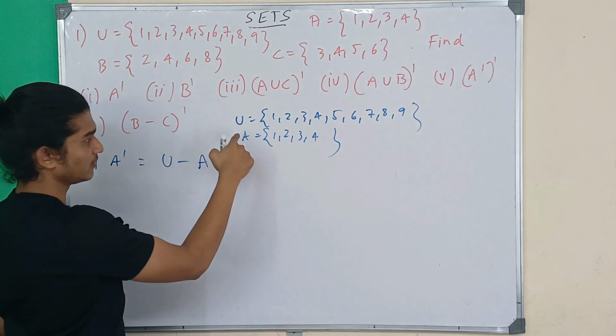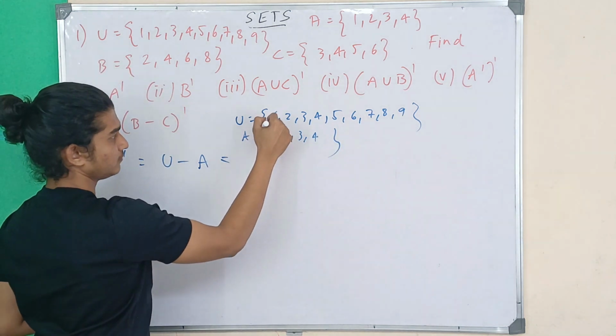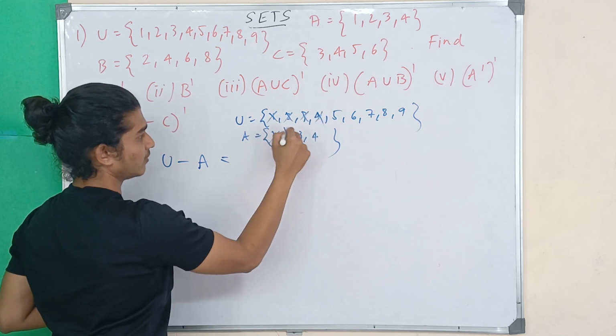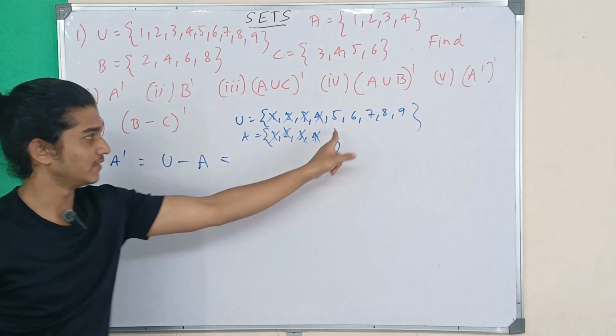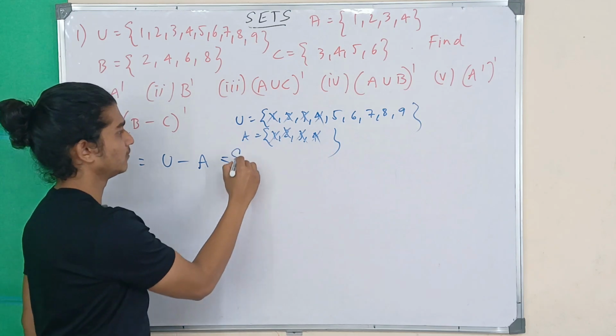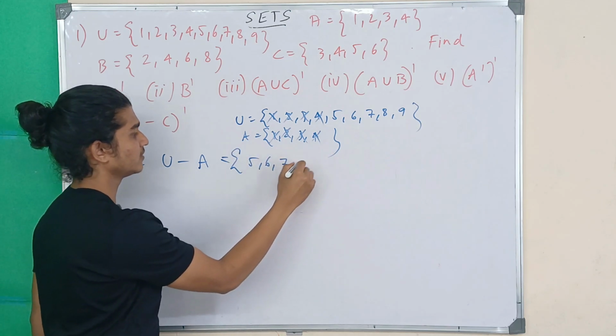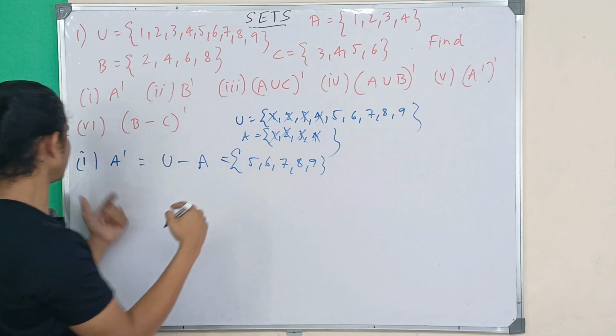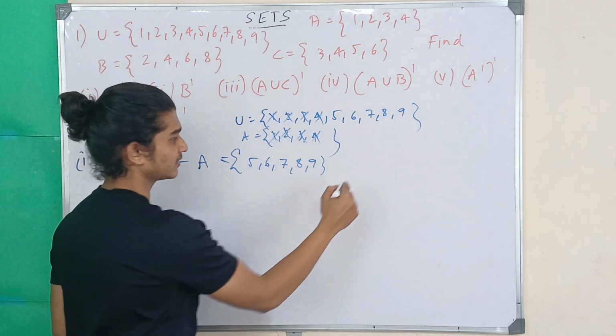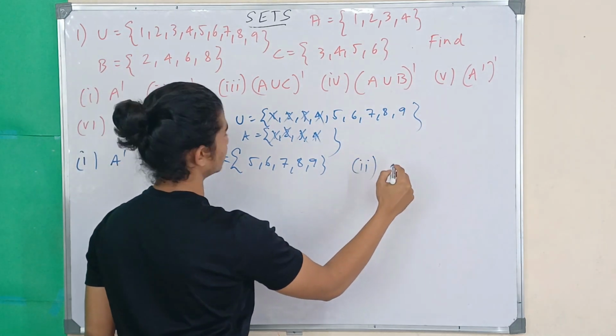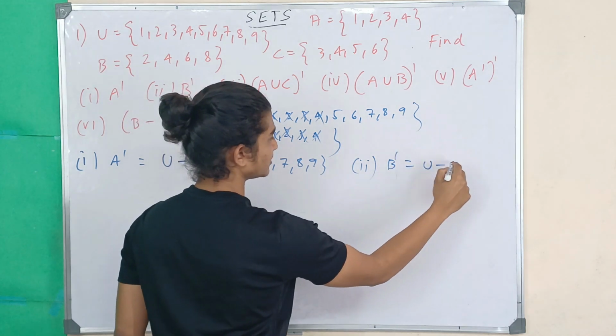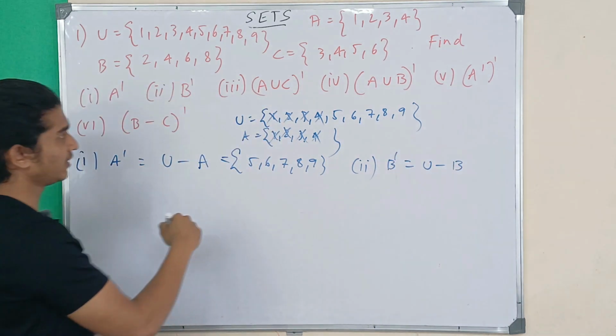You just have to cancel A from U. So cancel these four common elements, so they get cancelled, and the rest are left here: 5 6 7 8 9. The same thing goes for the second one also. Please try that and tell the answer in the comments. So B complement equals the universal set minus B. Try that.